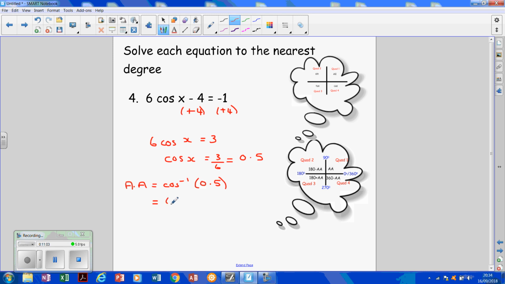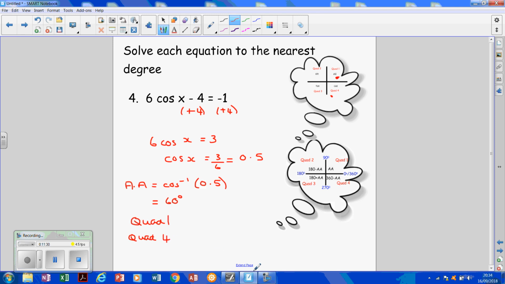So next thing I've got to do is think which quadrants my answer is in. So I'll go back to cos x. Cos x was plus 0.5. Where is cos positive? Cos is positive in that one there, where they're all positive, and it's also positive in quadrant 4. So my two answers lie in quadrant 1 and in quadrant 4.